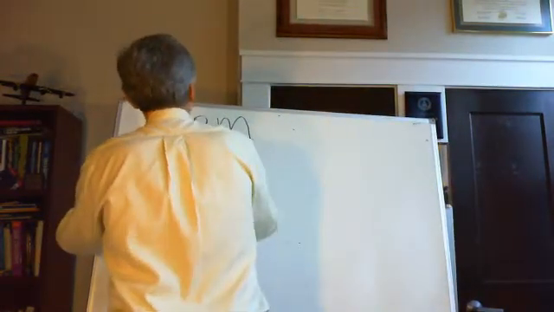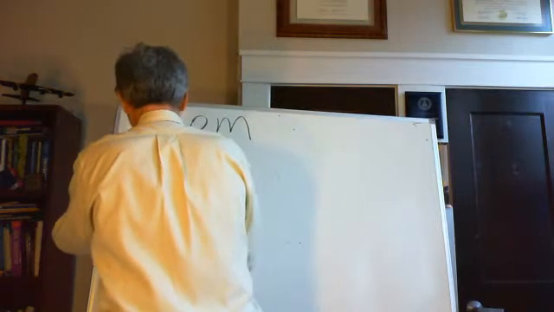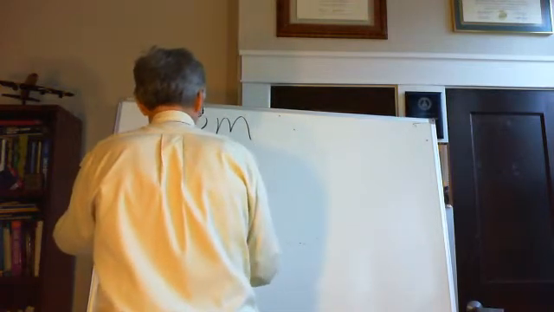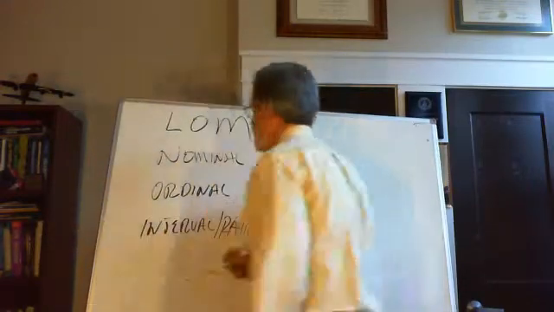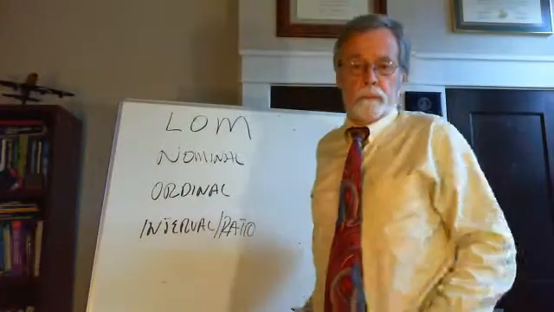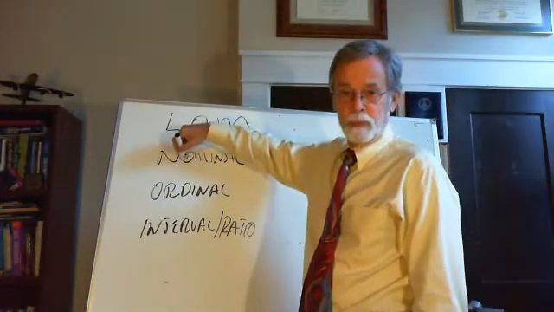There are 3 kinds here. I'm going to write them down. Nominal, ordinal, we just spoke of them a minute ago, and interval ratio. Pardon my back. All right. These are the 3 levels of measurement. Here, there is no measurement, basically. Measurement is 0.